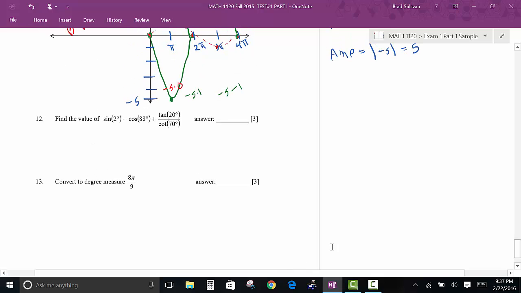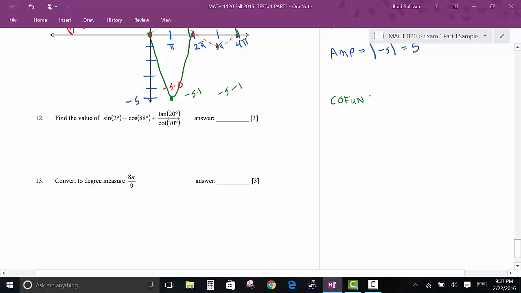Okay. To finish this up now, what this number 12 is testing you on is the idea of a cofunction. One thing that we learned is the sine and the cosine are cofunctions. So notice that 2 and 88 are complementary angles. So we learned that the sine of 2 degrees is the same as the cosine of its complement.